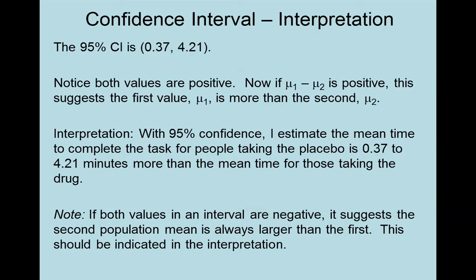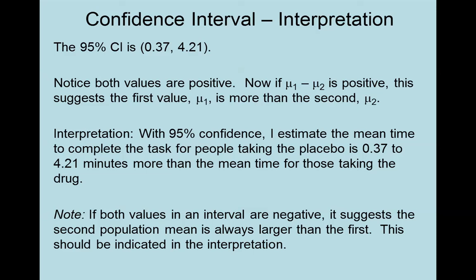So again, the 95% confidence interval, or CI, is 0.37 to 4.21. Notice both endpoints, the smaller number and the larger number, are positive. If I'm doing a subtraction of mu1 minus mu2 and I'm getting a positive number, that tells me the first value, mu1, is more than the second value, mu2.